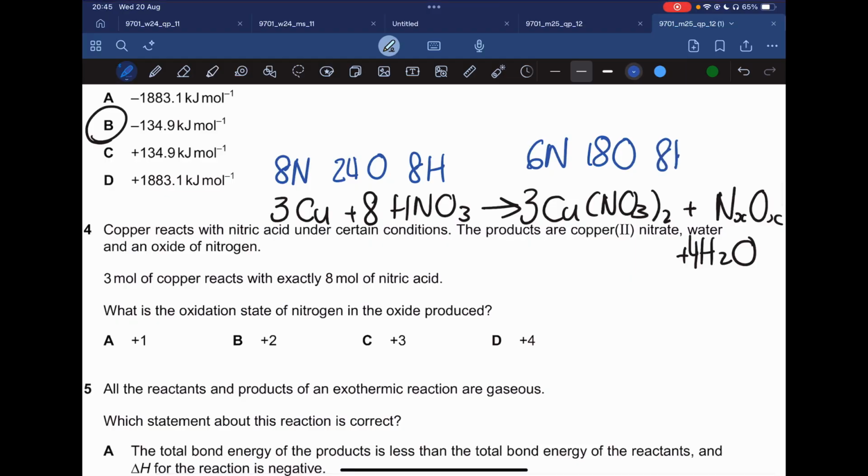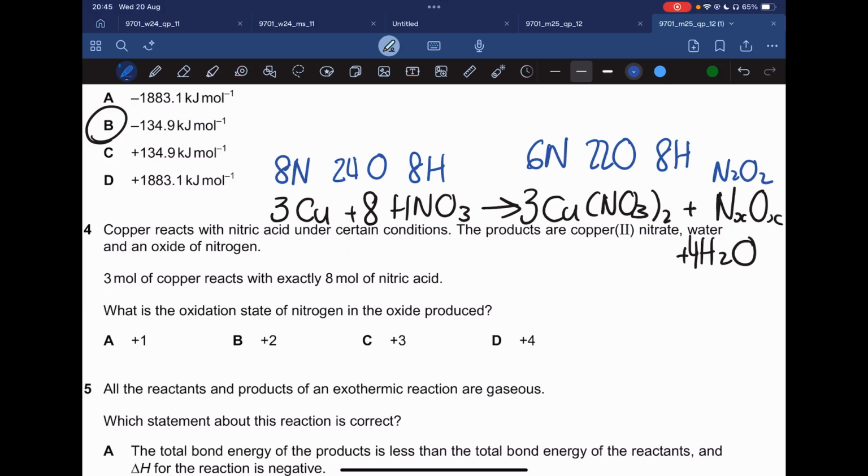We have 8 hydrogens, and if we add the 4 oxygens from this, we are looking at 22 O's. So if we minus those out, you can see what's left is N2O2. We have 2 O's left and 2 nitrogens left.